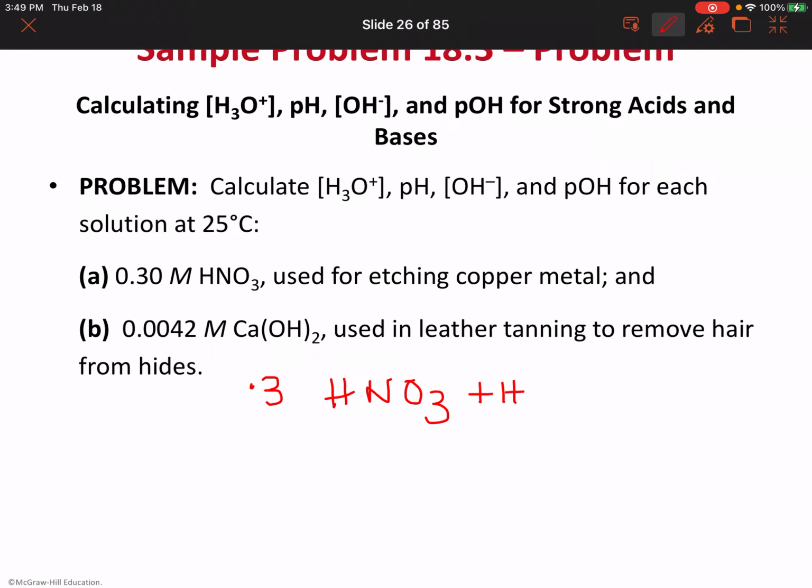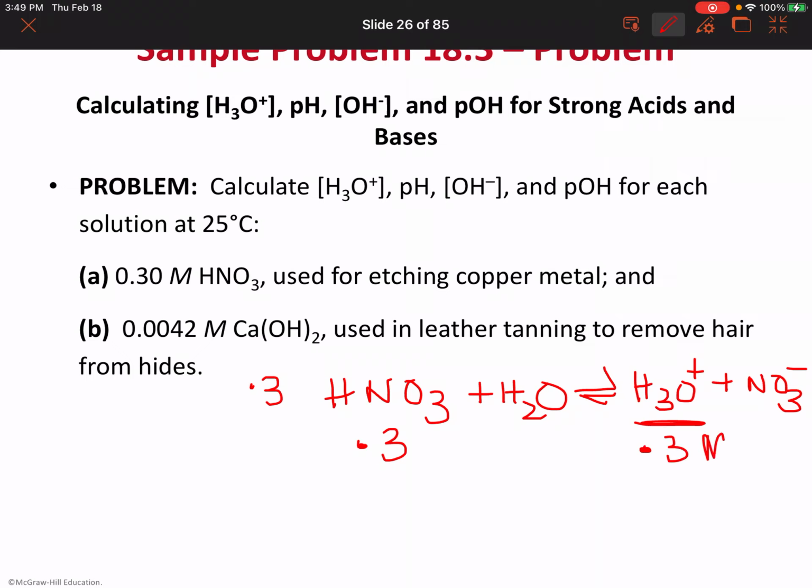So in water, it will give you H3O+ and NO3-. You want to find out the hydronium ion. So the molar ratio: 0.3 molar nitric acid will give you 0.3 mole hydronium ion. So the hydronium ions H3O+ are going to be 0.3 molar.